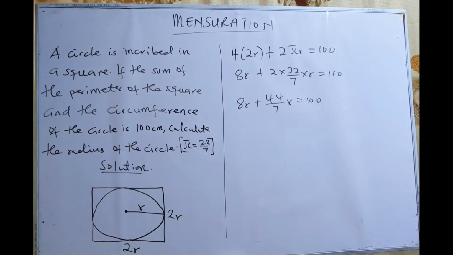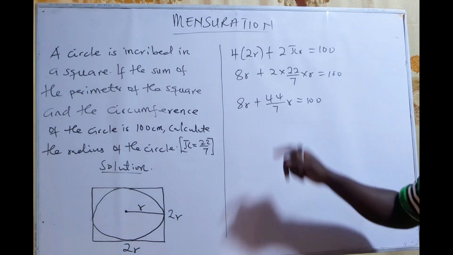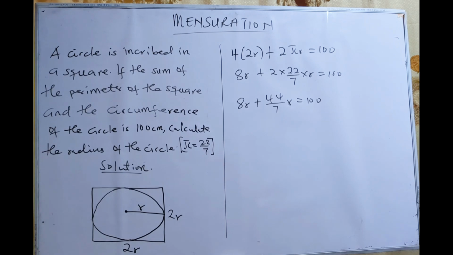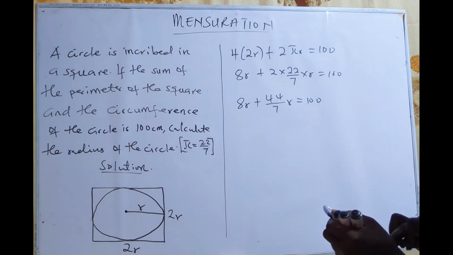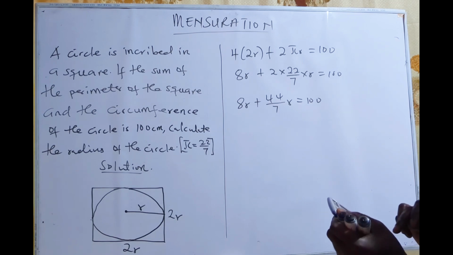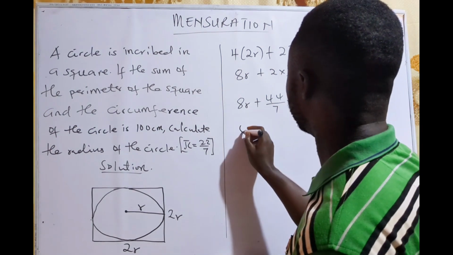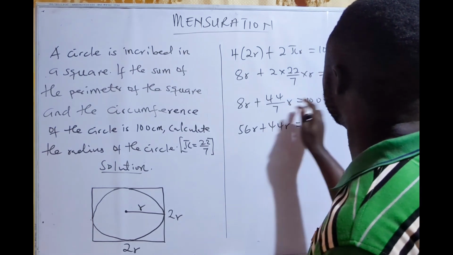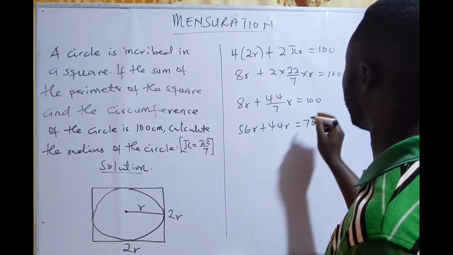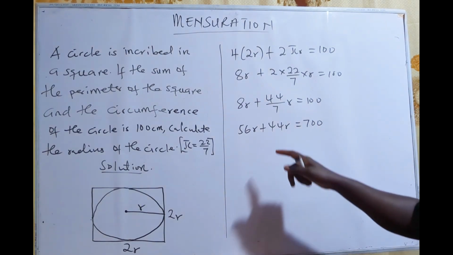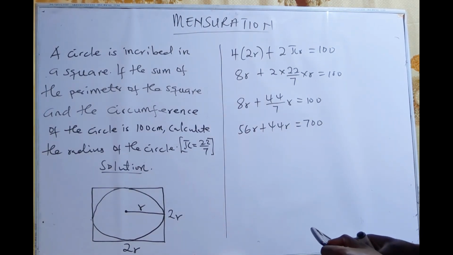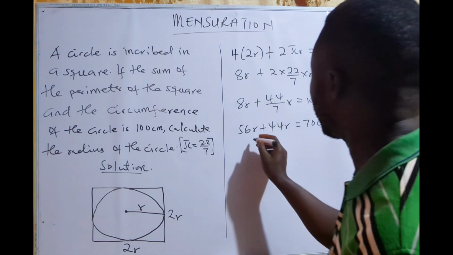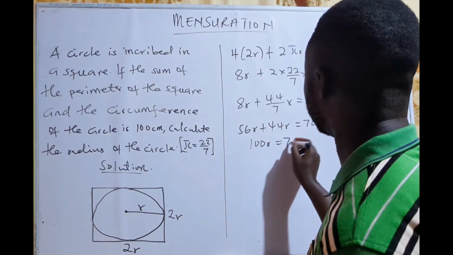What we have to do now is multiply through by the common denominator, which is 7. So 7 by 8 gives us 56. We have 56r plus 44r equals 7 by 100, which gives us 700. Then 56 plus 44 gives us 100, so that will be 100r equals 700.